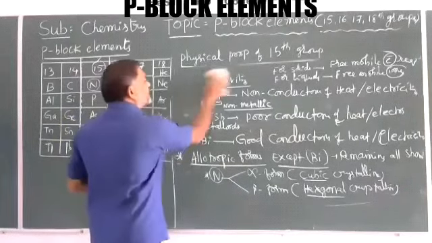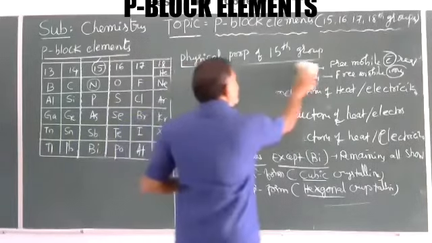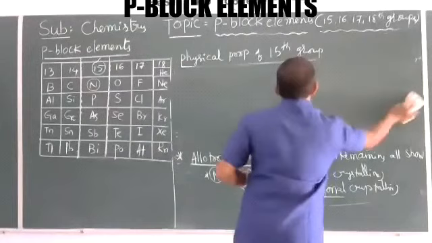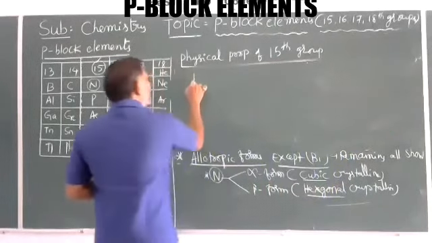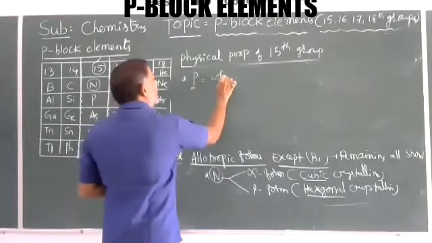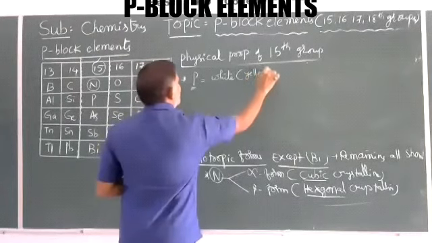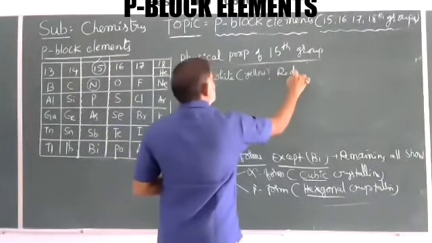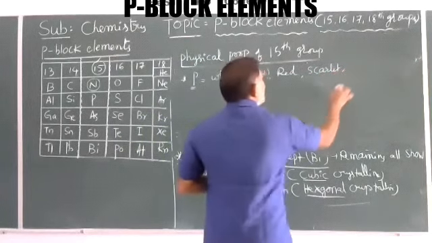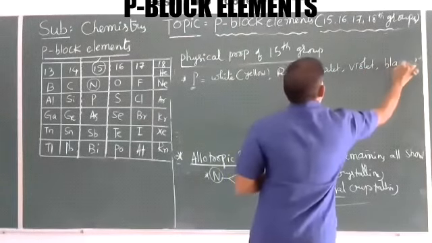Next, phosphorus. Here phosphorus generally shows the white phosphorus, or also slightly pale yellow phosphorus. Here the red phosphorus, the scarlet phosphorus, the violet phosphorus, and the black phosphorus.